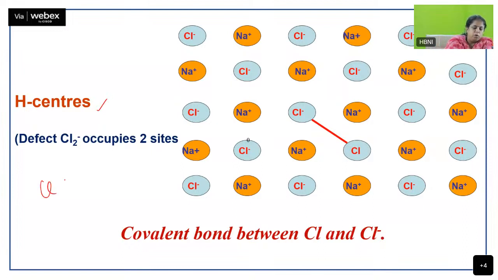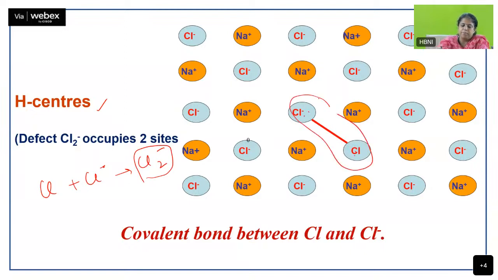So for example, one particular defect is the H center. As I told you, it forms a chlorine atom, and this chlorine atom can combine with a nearby chloride ion to form a chlorine molecule ion. The chlorine molecule ion has energy levels in the visible region. When this chlorine molecule ion occupies two sites in the crystal lattice, as is shown here, this is called an H center.